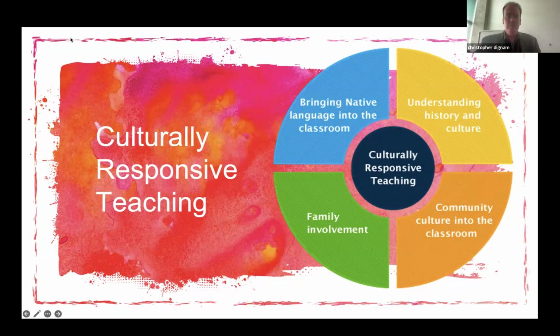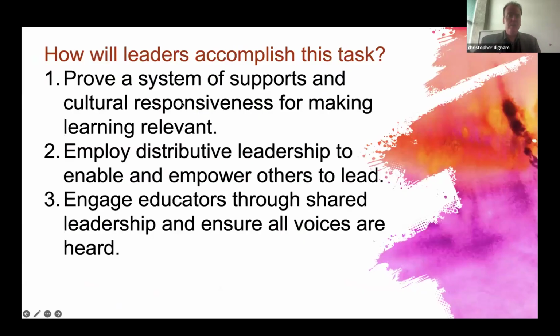Now, in terms of what Dr. Pennington and I are looking at for this construct, it is that if we have a system of supports in place for making learning relevant, it needs to employ leadership from our schools and our districts, as well as in our classrooms. So it's the teacher seeing himself or herself as an instructional leader, the principal as an instructional leader, the superintendent as an instructional leader.